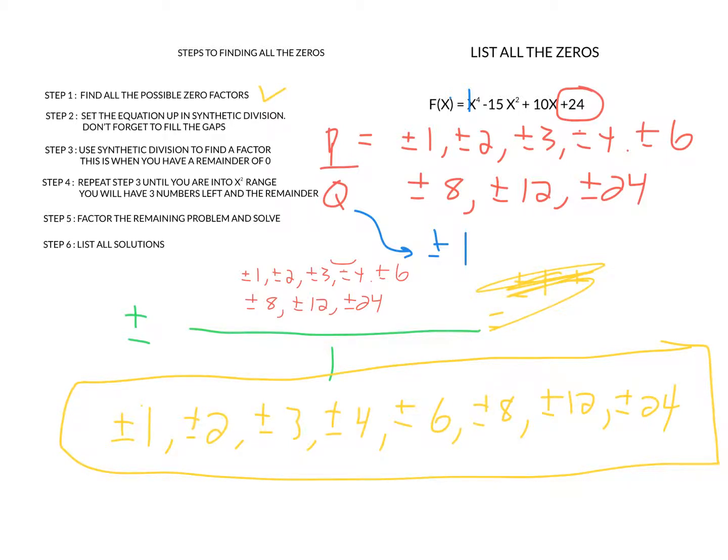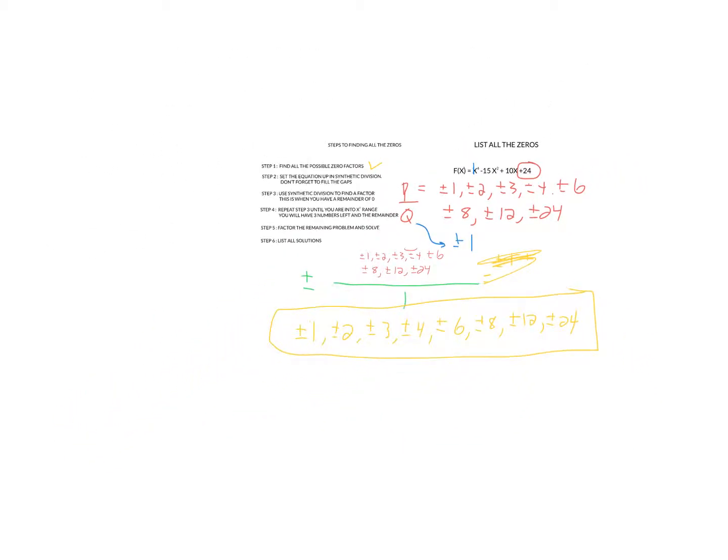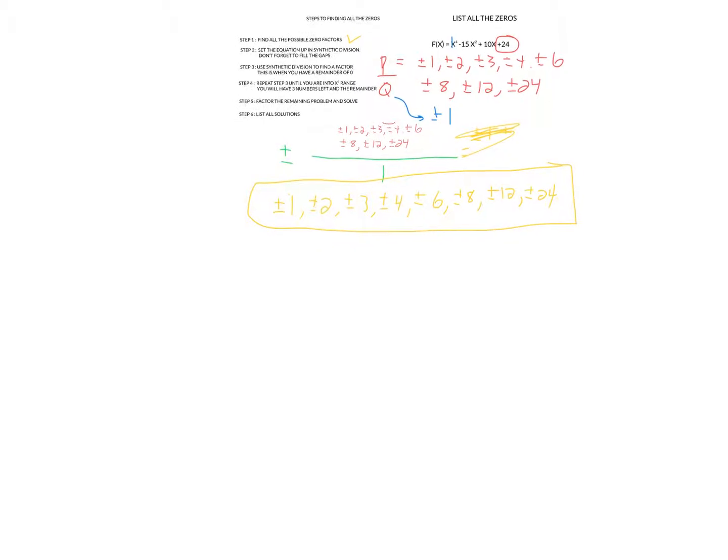Okay, now like I said, steps 2 and 3 and 4 will go pretty quickly. So first thing I'm going to do is minimize this a little bit here. Scooch this up. Okay, and I'm going to kind of erase a little what I did up there so I can see. Because our next step is we're going to set up for synthetic division, but we have to make sure I don't have any gaps. But if you notice, I go from x to the fourth to x squared, which means there's a gap in here.